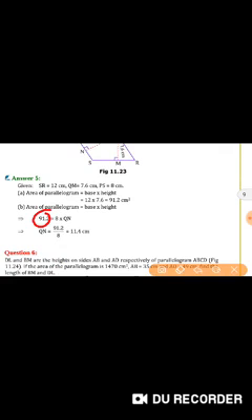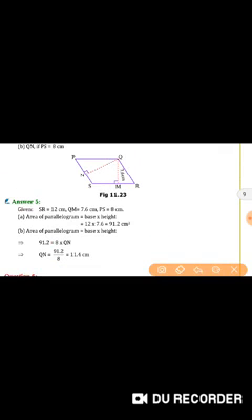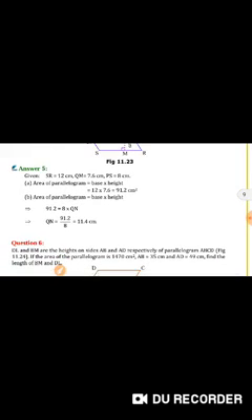Then if you take PS as the base, 8 centimeter, then QN is equal to, transferring that 8 that side, it becomes 91.2 divided by 8. If you simplify, 11.4 centimeter is the height.